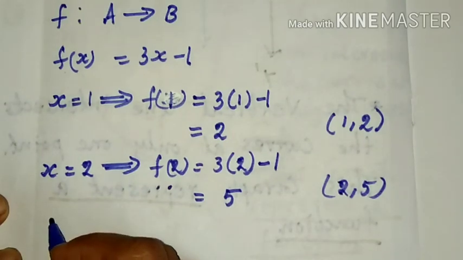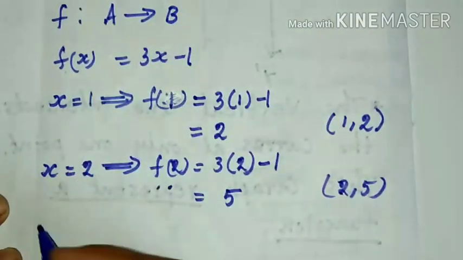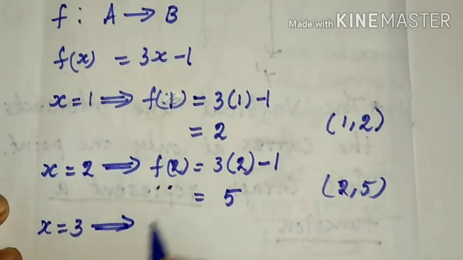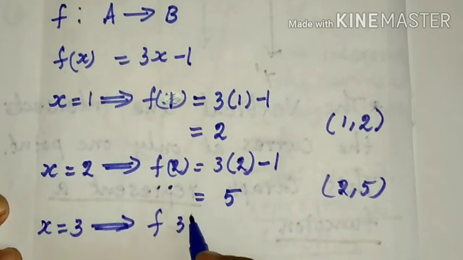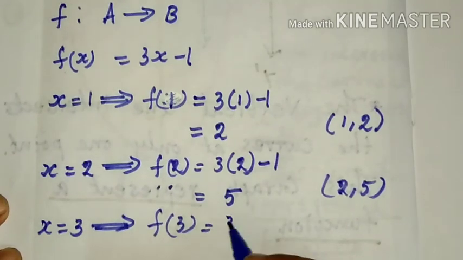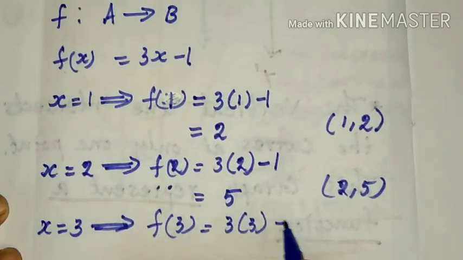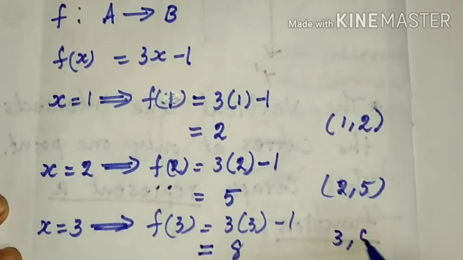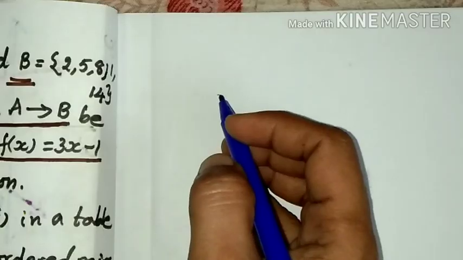Then the third element of set A, x is equal to 3. Then f of 3 equal to 3 into 3 minus 1, which is 9 minus 1, 8. Then the ordered pair 3, 8.